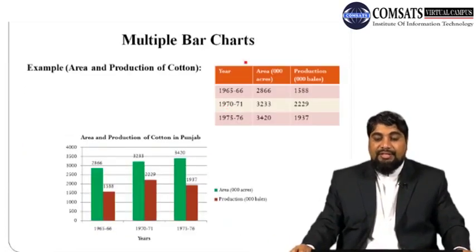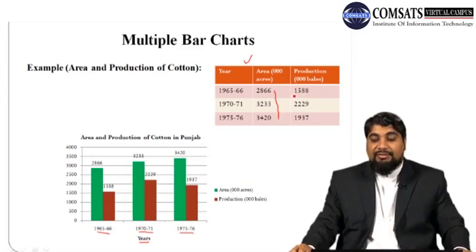So here we have the same data and here is the bar chart, which is now multiple bar chart. So label the x-axis by years 1965-66 and then 70-71 and then 75-76 और y एक्सिस पे इन सारे नंबर्स को देख के आपने एक सूटेबल स्केल ले लेना है. तो मिनिमम वैल्यू इज in this case 1588, maximum is 2229 and in this case the maximum number is 3420.